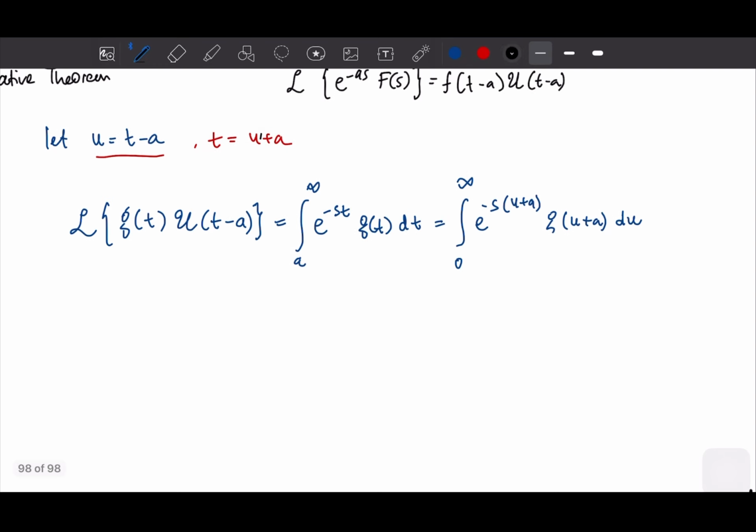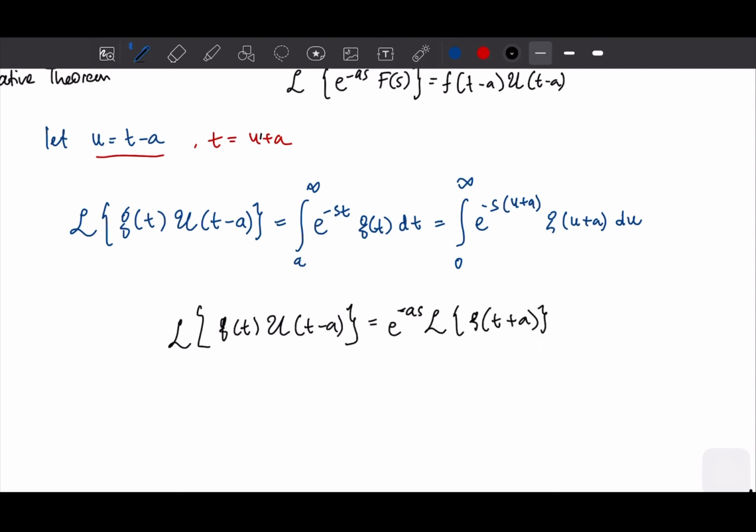And we can conclude that the Laplace of g of t times Heaviside t minus a is equal to e to the negative as times the Laplace of g of t plus a. This is another alternative form.